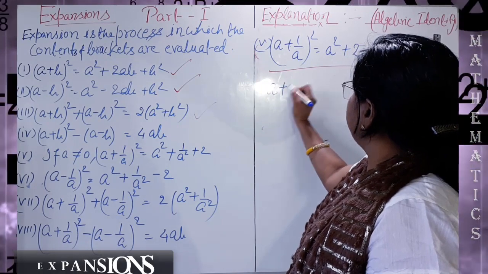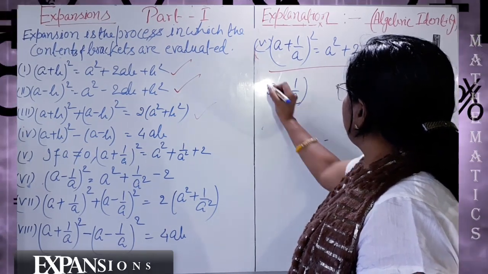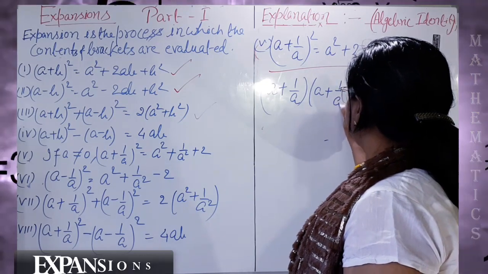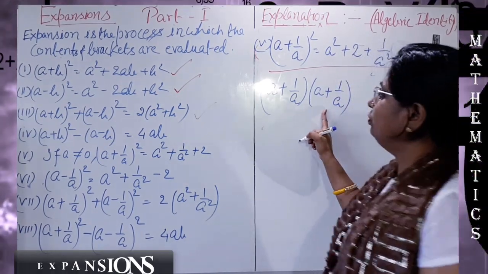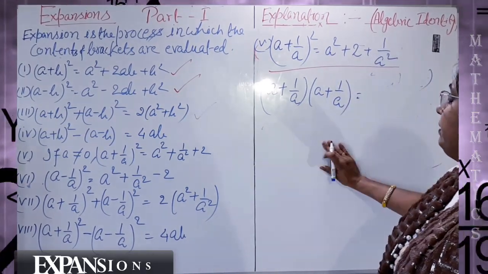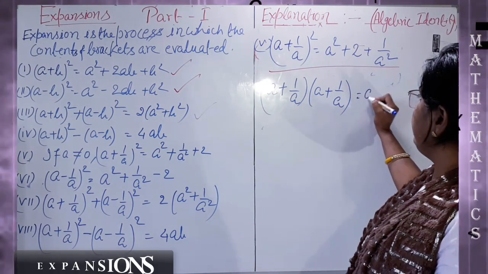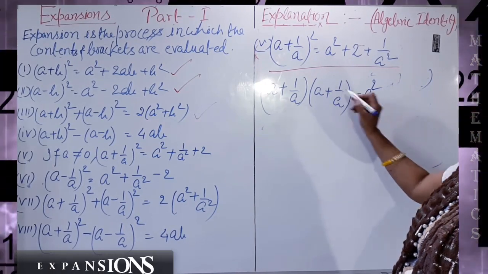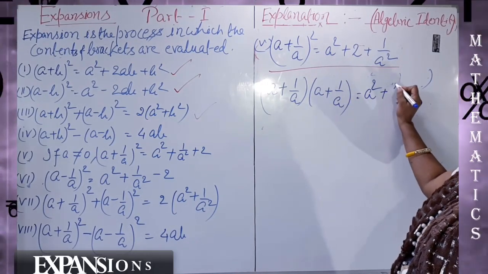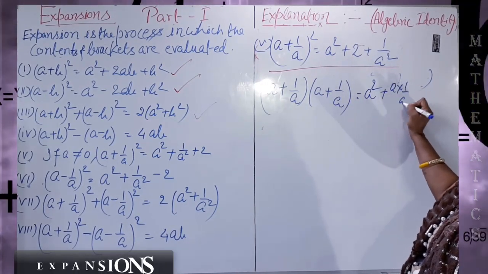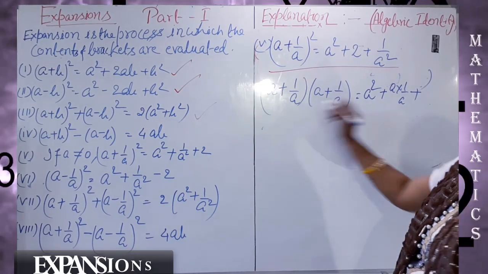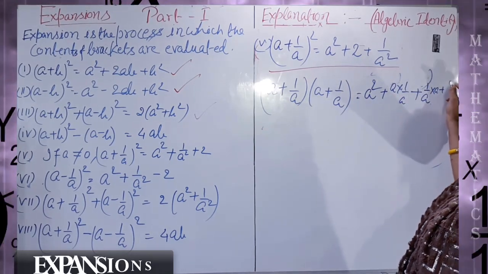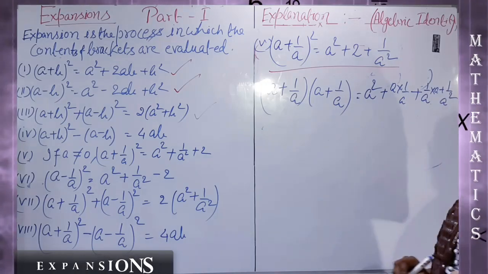Again a plus 1 by a, 2 times multiplication. Like the previous identity expansion, we will multiply 2 times: a square, then a into 1 by a, plus 1 by a into a, plus 1 by a square.